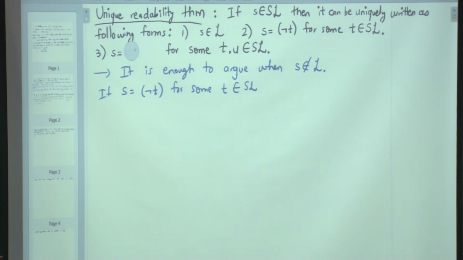I am going to convert this into U1 and U2. If S is equal to negation T for some T in SL, then the second letter is negation.